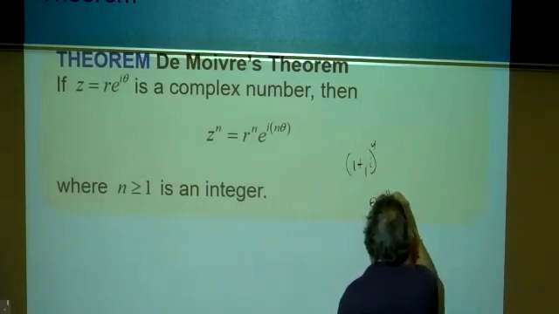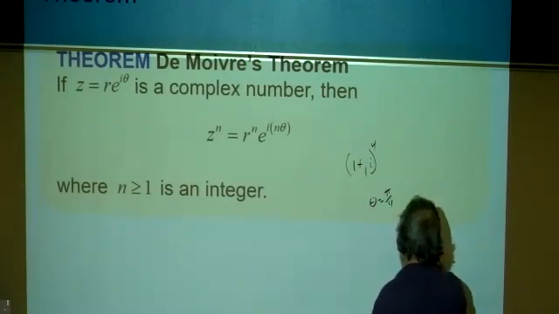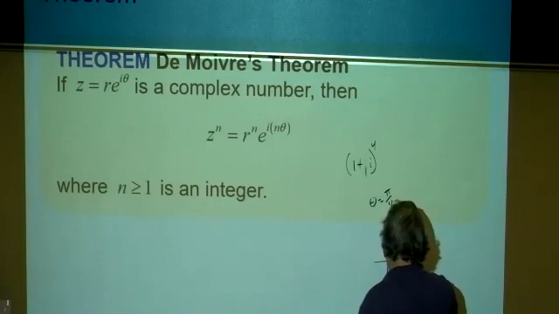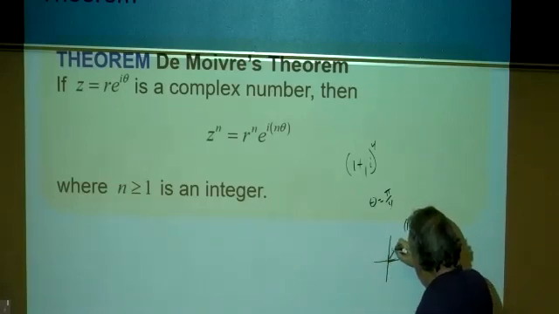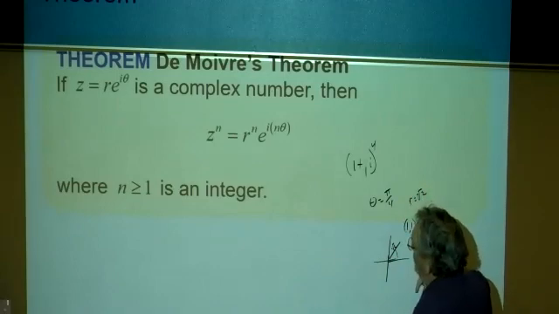Theta in this case is pi over 4, because that's graphing the point (1, 1). So that's a 45-degree angle, and this distance is the square root of 2.